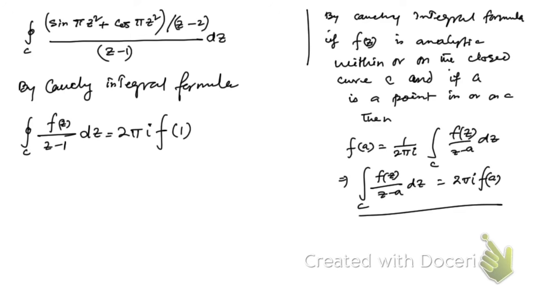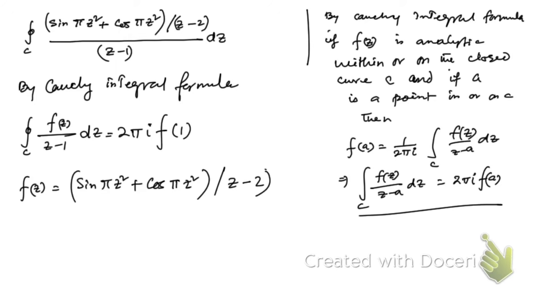Therefore, here f(z) is equal to (sin πz² + cos πz²) divided by (z − 2), right?